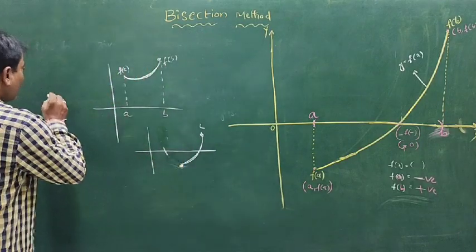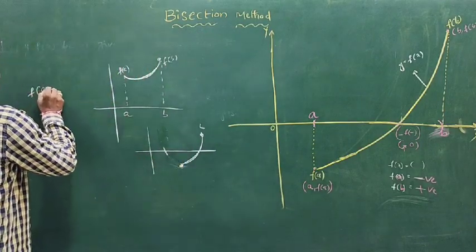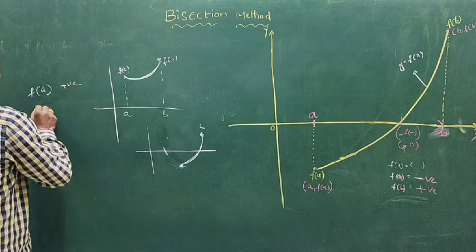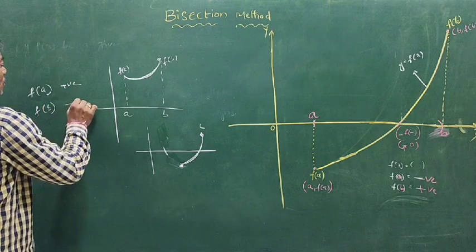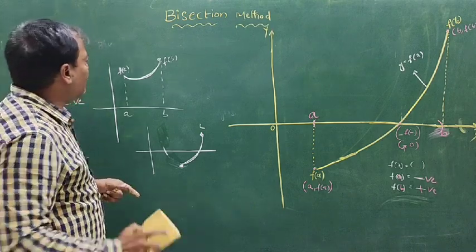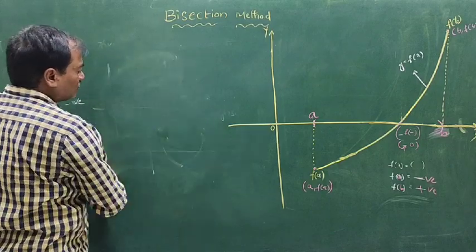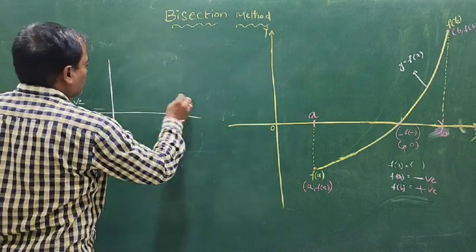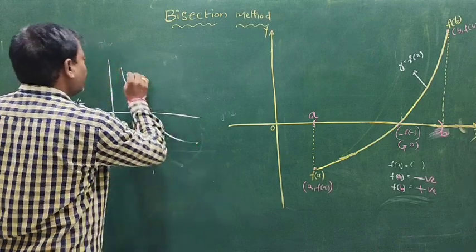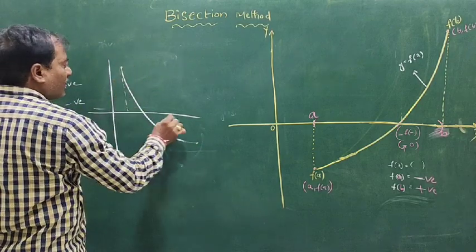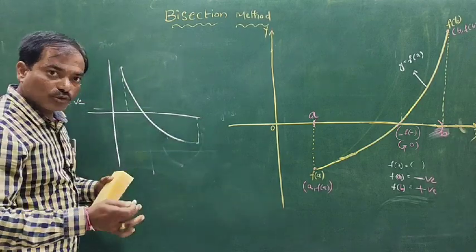Sometimes f of a is positive and f of b is negative. No problem. What is the graph here? The graph is like that, and this is the given interval. Here f of a and f of b both have opposite signs.